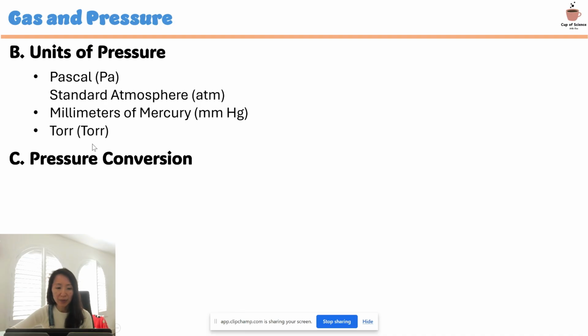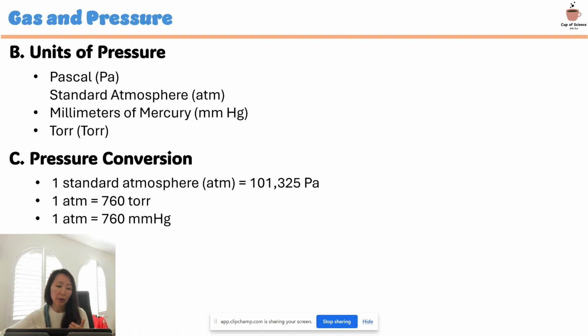These units also have a unit conversion, kind of like 1 foot is equal to 12 inches. For example, 1 standard atmosphere, or 1 ATM, is equal to 101,325 Pascal. 1 ATM is also equal to 760 millimeters of mercury and torr.